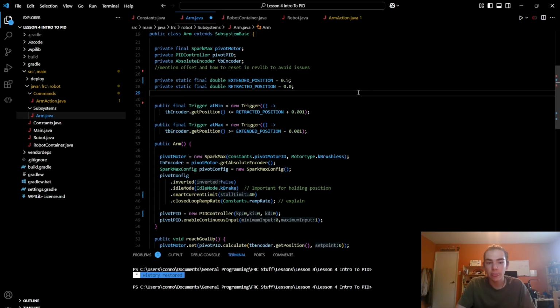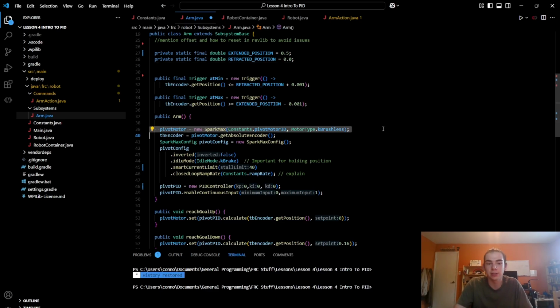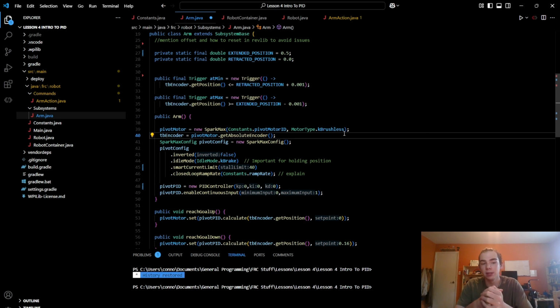We then have our constructor. And as we've done before, we have to use our configurations, right? We've seen this before in the last episode, and it's not too different, right? We first instantiate it, and we do the same process where we set the 3-bore encoder to be something that is attached to one of the other motors, and we then create our configuration.